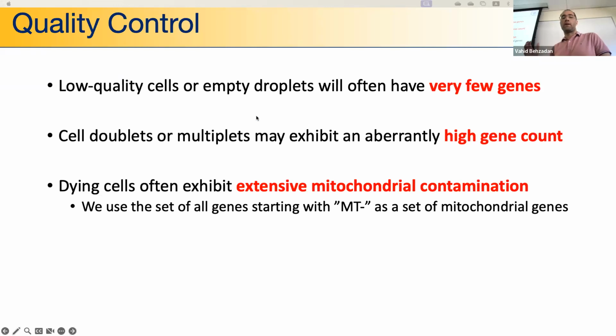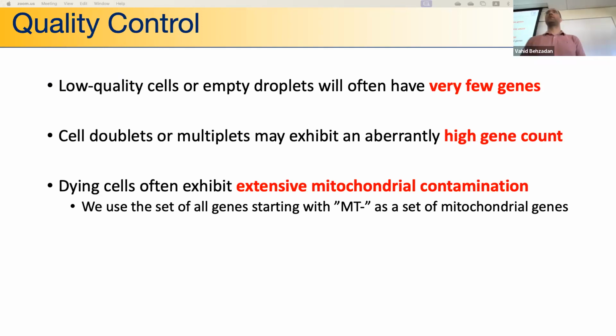There are also some problems like cell doublets or multiplets. So sometimes the cell, before it dies, gets bigger, and you get duplicates of the genes. So these are also cells that you don't want to include in your analysis. So you basically try to remove them from your data set. And also dying cells often exhibit extensive mitochondrial contamination.